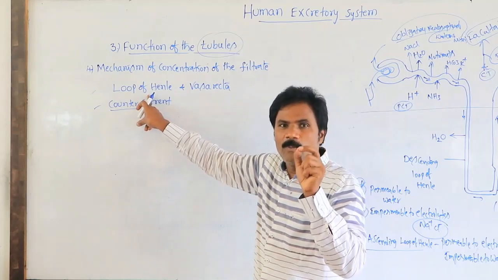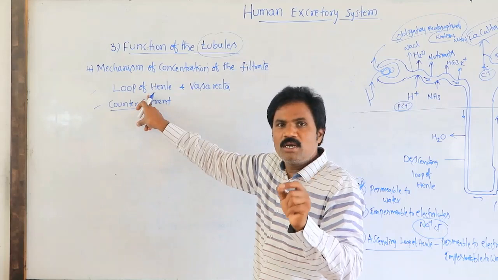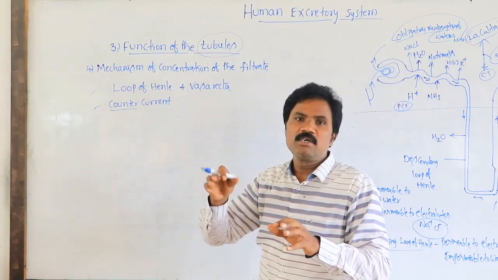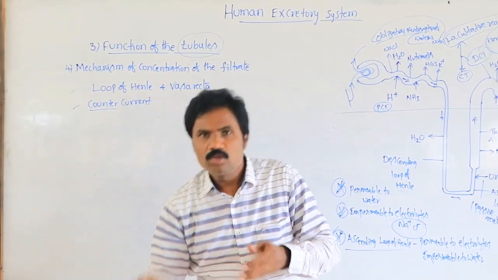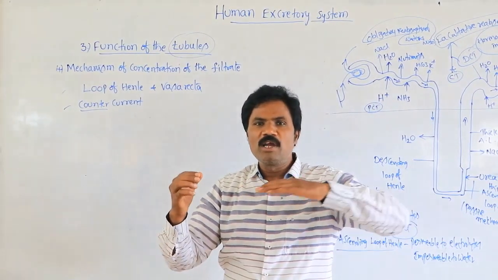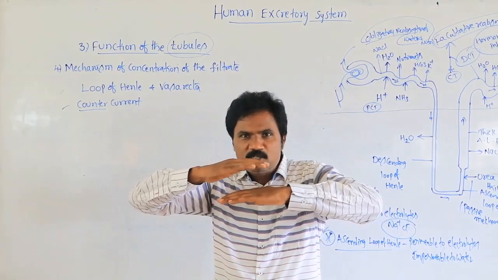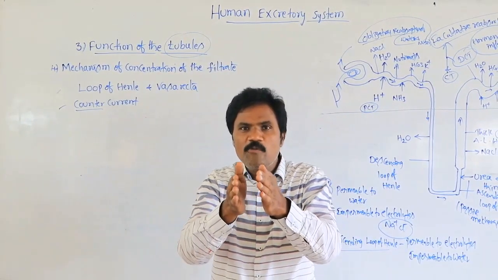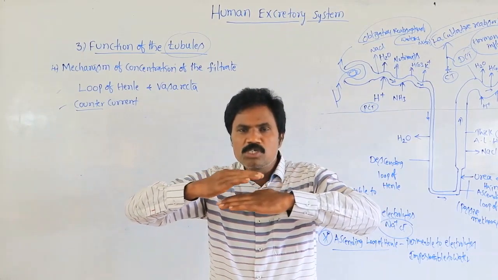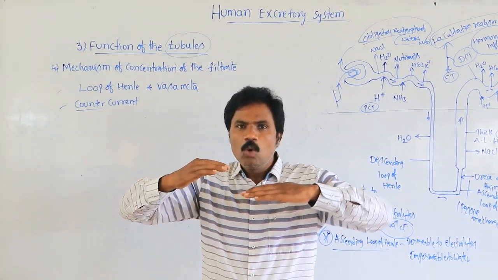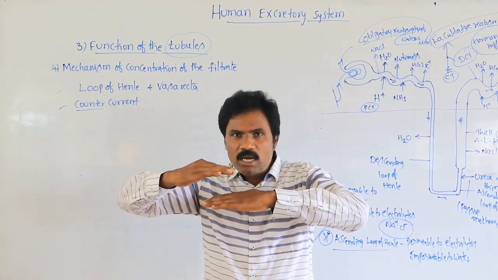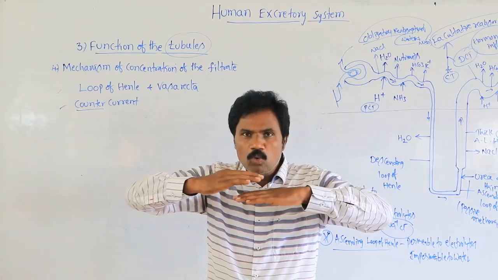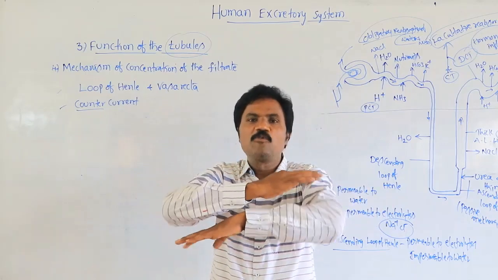Inside the loop of Henle, urine moves in opposite directions: one is moving this way, another is moving that way. This we call counter current, the opposite one. This is parallel moving, and this is opposite moving. Opposite moving means one fluid moves in one direction and the other moves in the opposite direction. This we call counter current, the opposite movement of fluids.